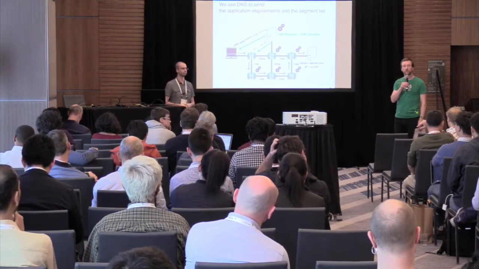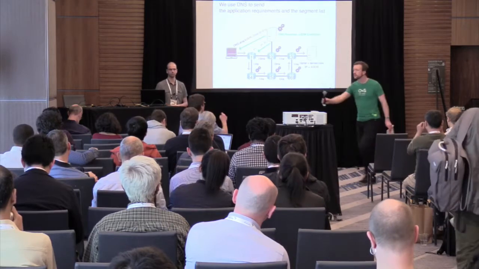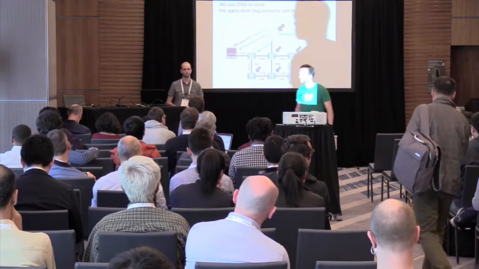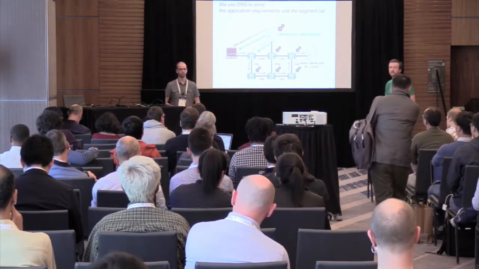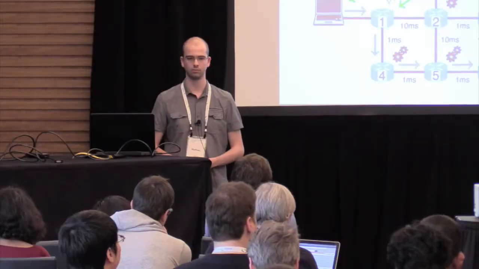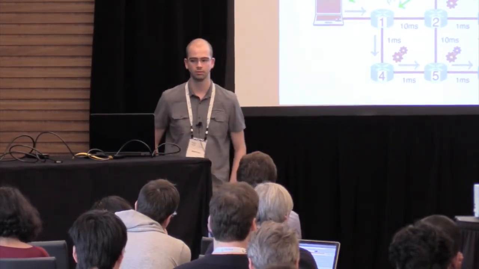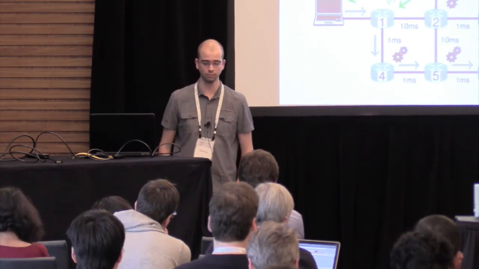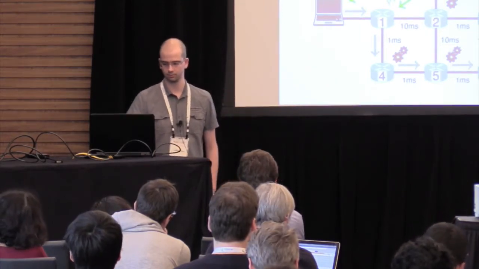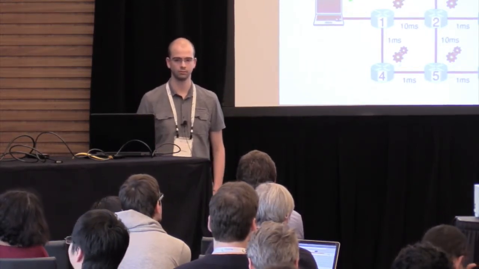We have time for one more question, if there's a quick one. Really quick, something I don't understand, for instance on that slide, is why in your example you involve the client at all. The client makes a request to the DNS, well, the end controller, and the controller installs the path at the end.